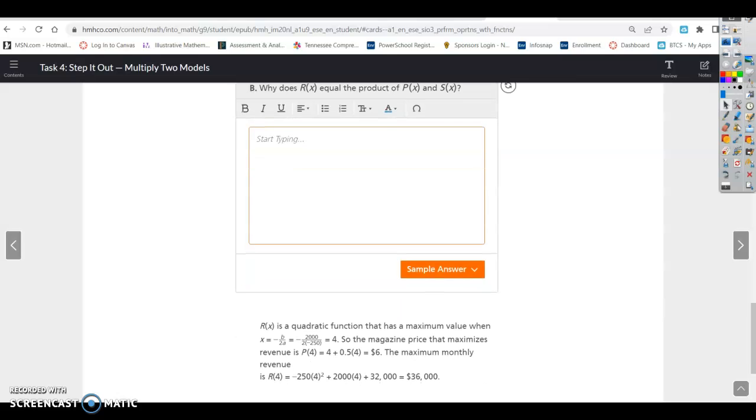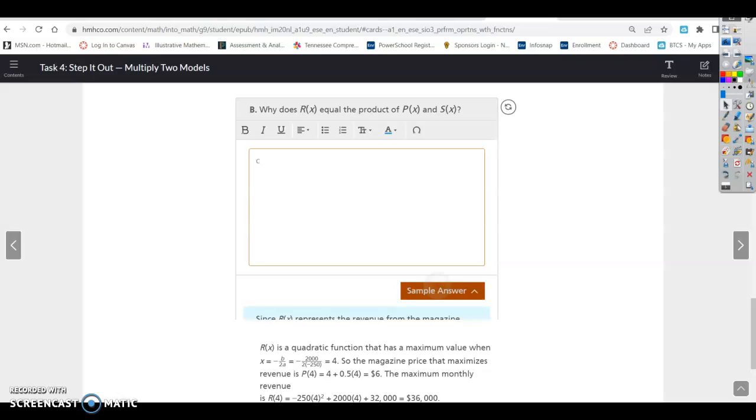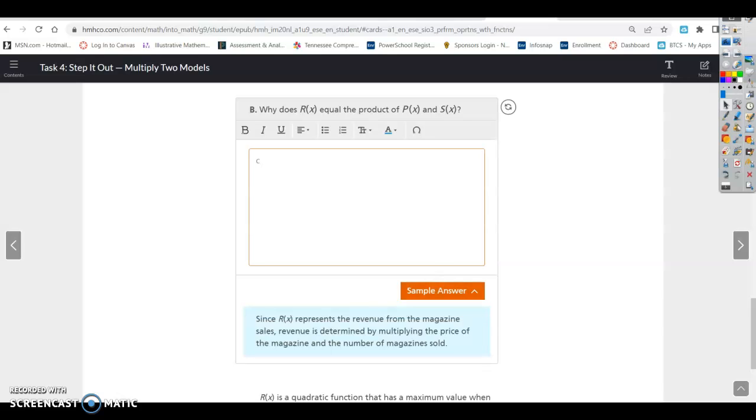So let's see how they word that here. Since R of x represents the revenue from the magazine sales, revenue is determined by multiplying the price of the magazine and the number of magazines sold.